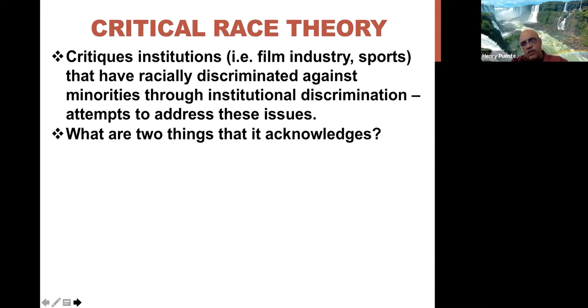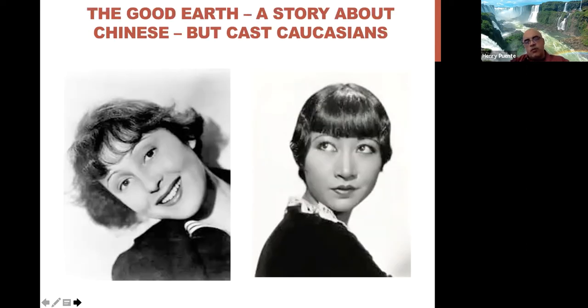And one thing that it does support is this idea of telling stories from a minority or a diverse perspective. So drilling down to this idea of critical race theory, we'll talk a little bit about some examples of what I'm talking about here.